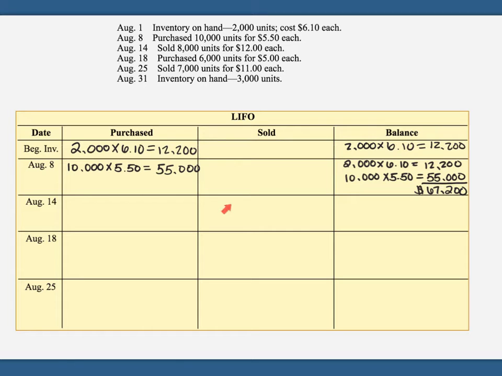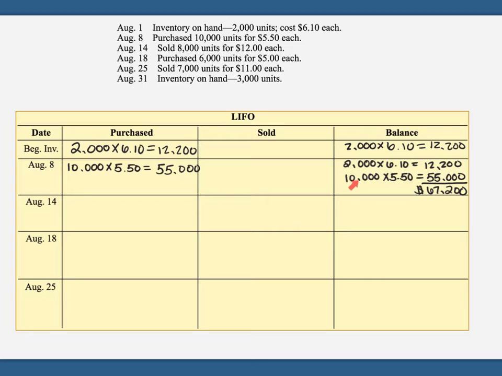Our third transaction, August 14th, sold 8,000 units for $12 each. So we're going to put that in this box here, and this is where the LIFO method really comes into play. So we want to know what the cost of goods sold were for the 8,000 units. So we're not going to use this $12 that we sold it for. We want to know what we paid for it when we got it. And under LIFO, last in, first out, we're going to look at the last 8,000 units we purchased and use the cost associated with that.